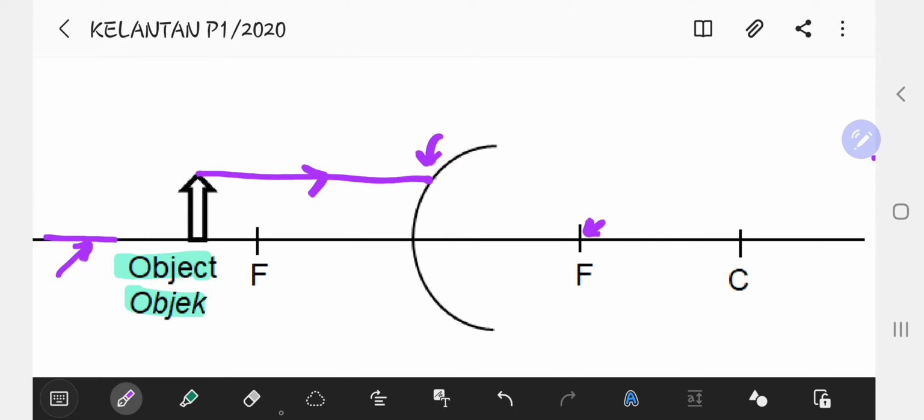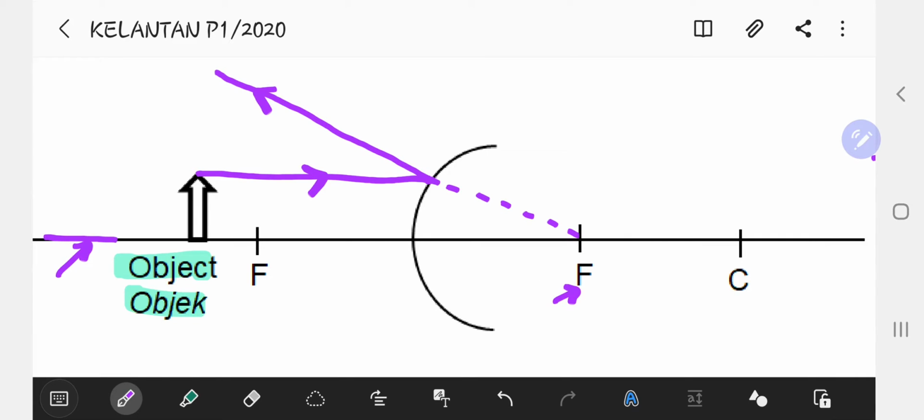Use a ruler, you draw a dotted line behind the mirror, always dotted line, then the real light will be like this. So the light from the head of the object parallel with the principal axis will be reflected as if coming from the focal point behind the mirror. So this is the first ray.